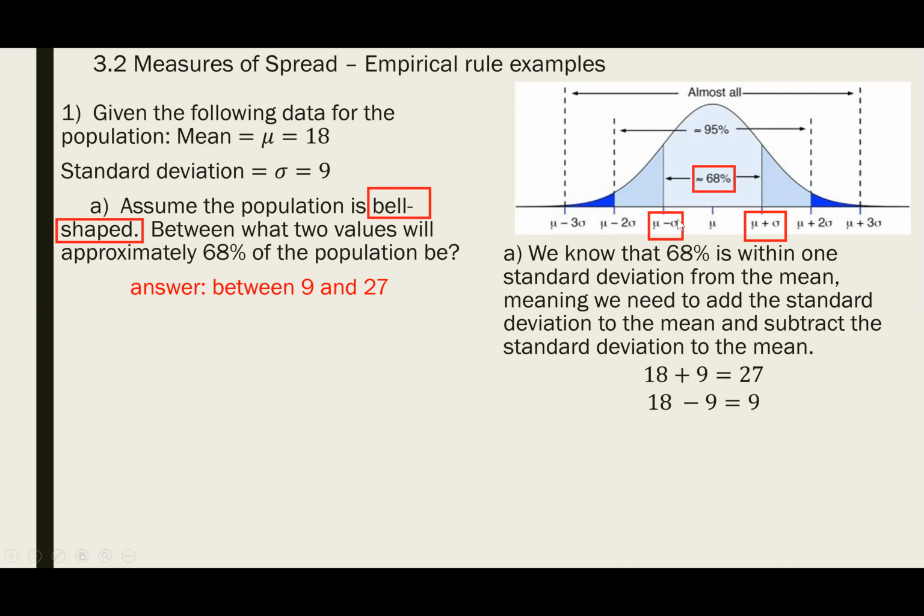So everybody see how I got 9 and 27. They ask you between what two values. I know that this is the lower endpoint, which is 9, and this is the upper endpoint, which is 27. So between 9 and 27, it will cover 68% of my data. Question of how I got this 9 and this 27.